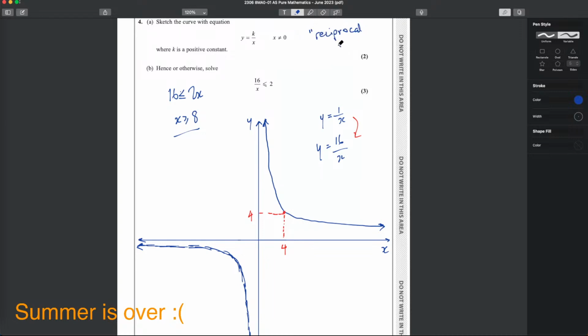I'm just trying to remember what transformation happens when you increase this numerator from 1 to 16. What is happening to that graph if we sketch y equals 1 over x and then y equals 16 over x? What transformation is occurring there? Hopefully that made sense.